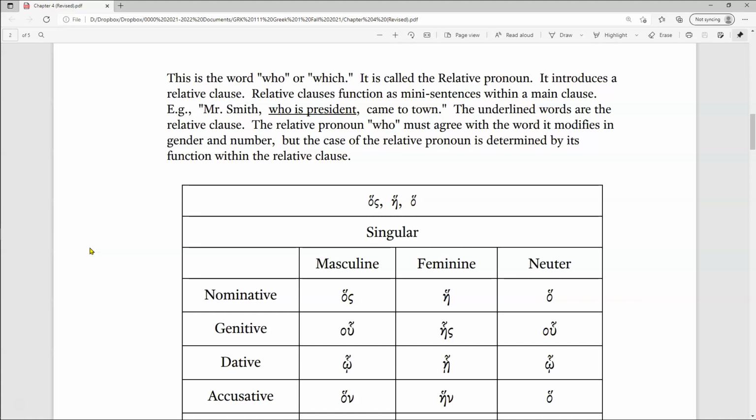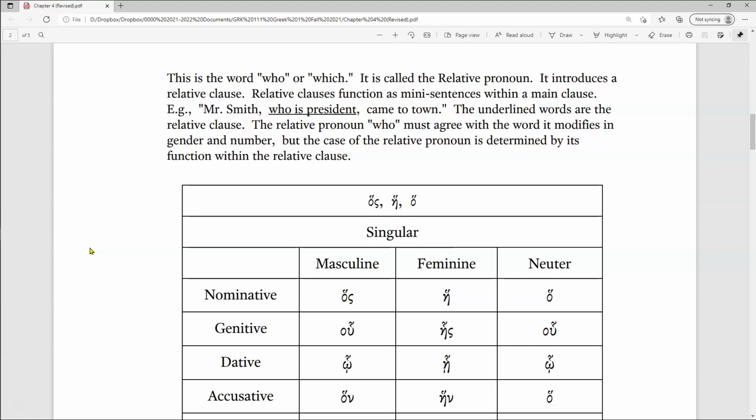Okay, so the two things at the end, to have a predicate nominative, you've got to have an is verb. So if it's not an is verb, then the line's going to go straight up and down, and that's going to be the direct object. It'll be accusative, because the accusative receives the action of the verb.